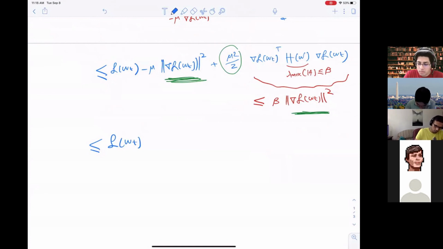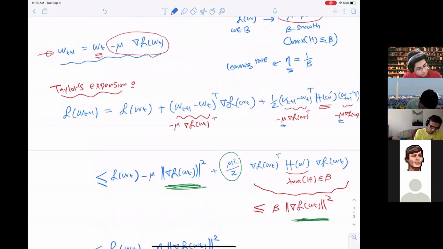So I'm going to factor out mu times the norm squared of the gradient. So here I'm factoring out this.